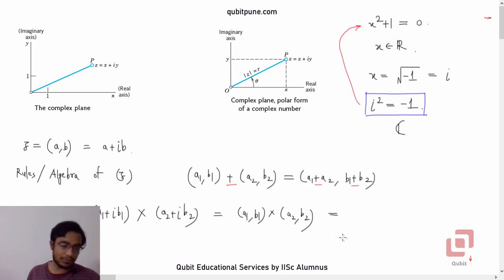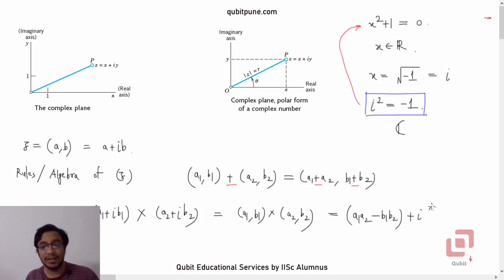So what's the result that we get? The result that we get is a1 a2 minus b1 b2, plus i times (a2 b1 plus a1 b2).